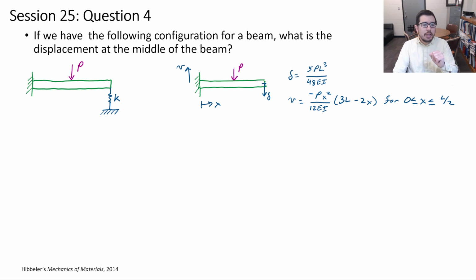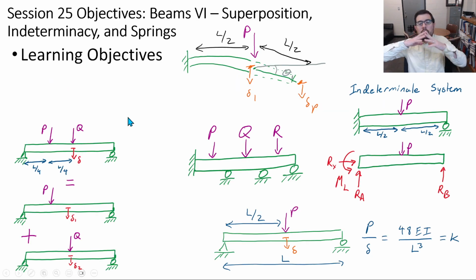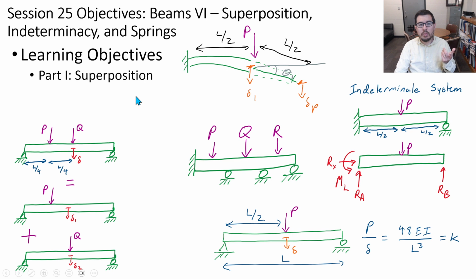All right. To conclude this session, what we've discussed is the displacement or deflection of beams. And we've discussed how we can use superposition as a tool to calculate unknown reaction forces or just displacements for a determinate system, because the forces and moments should be known for a determinate system. But if it's an indeterminate system, we can also use superposition, using the degree of indeterminacy to solve these types of problems, forces and deflections.